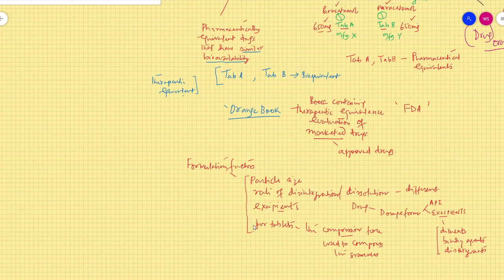So these factors are usually responsible for the different pharmaceutically equivalent drugs having different bioavailability. So it's useful to have that in mind. But for a regulated market like the US, that's not an issue because the Orange Book is used.